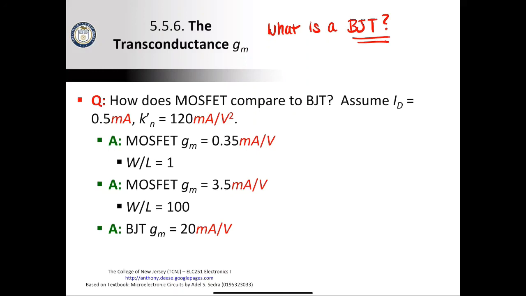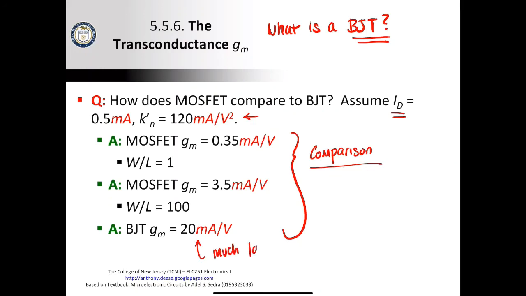If we assume that the DC component or the large signal component of the current is 500 microamps, and that the process transconductance parameter is as shown, you can see how with an aspect ratio of 1, you get a certain transconductance value. With an aspect ratio of 100, you get a larger transconductance value, but the BJT blows them both out of the water.